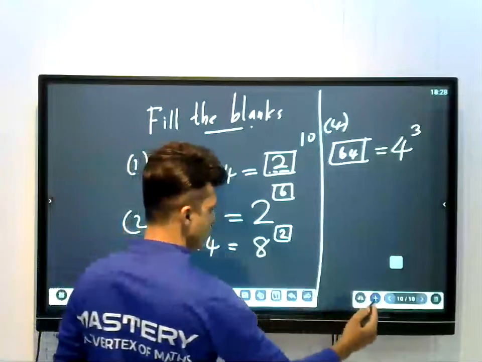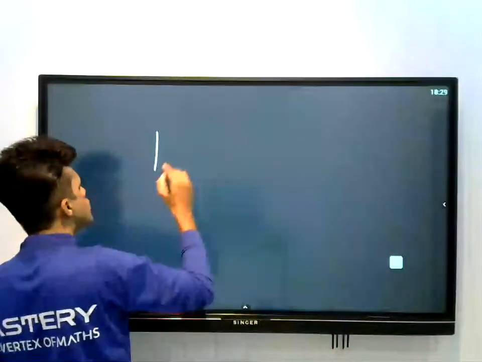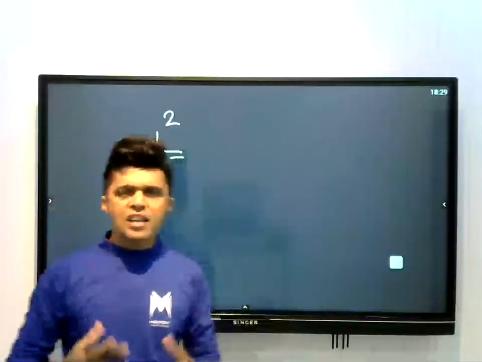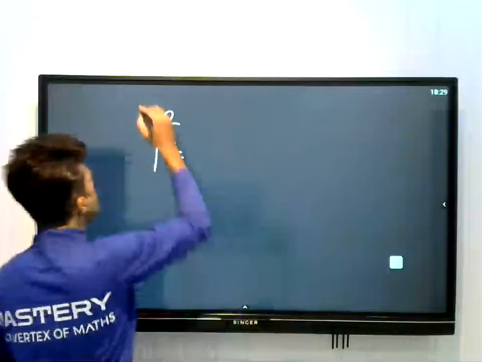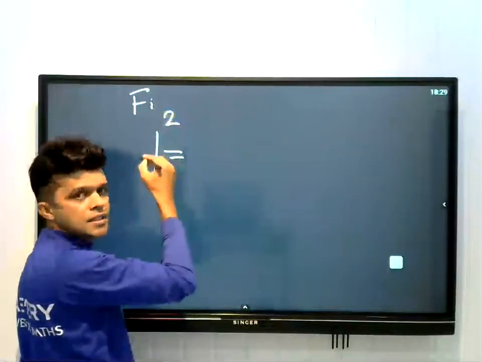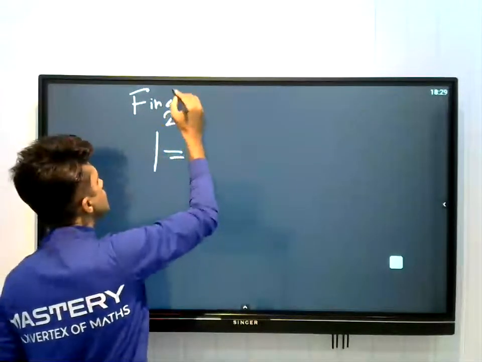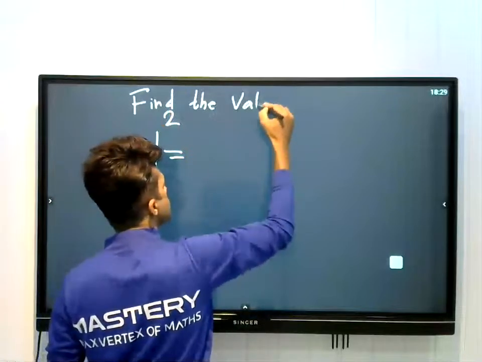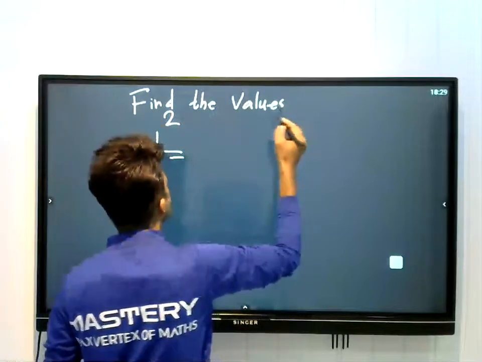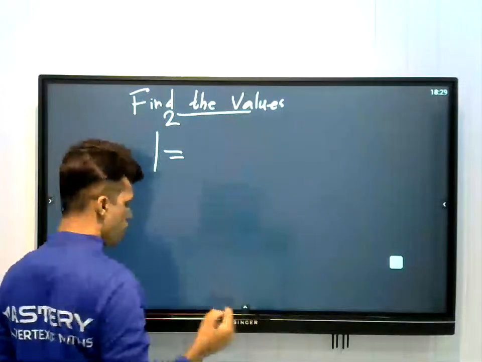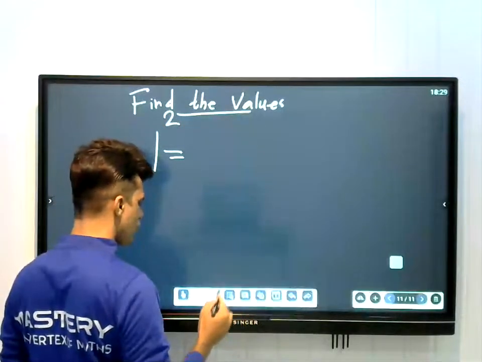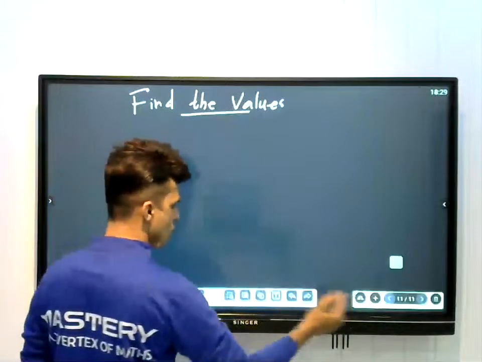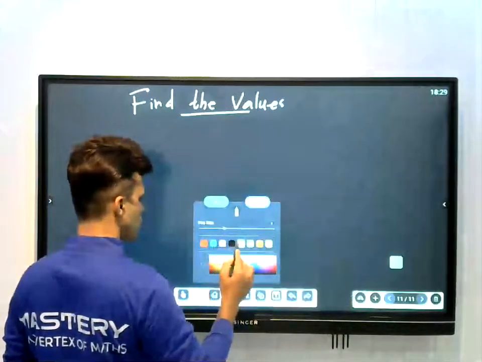What should be the value of 1 to the power 2?